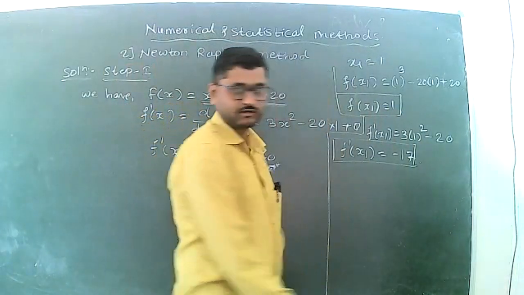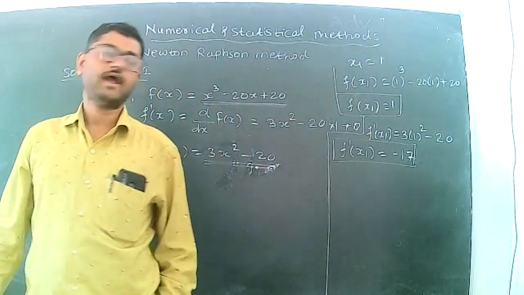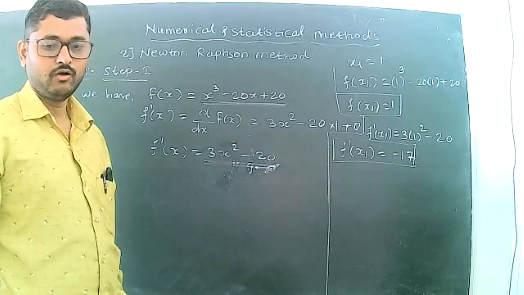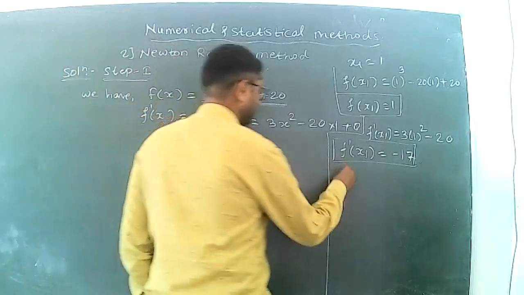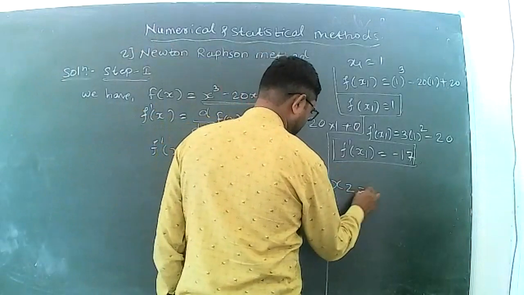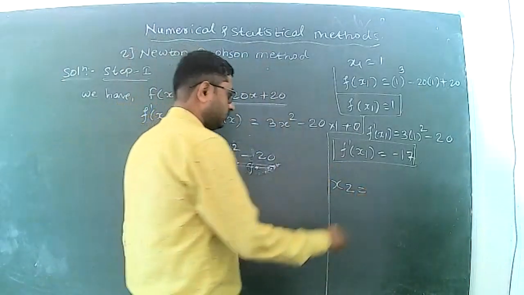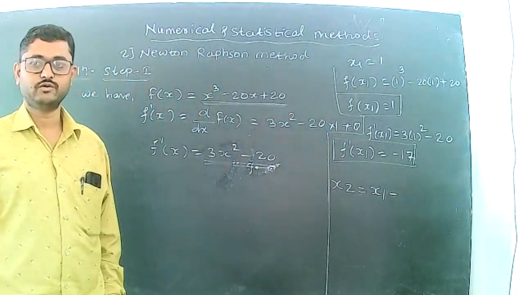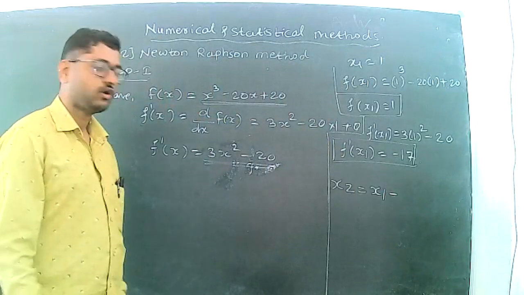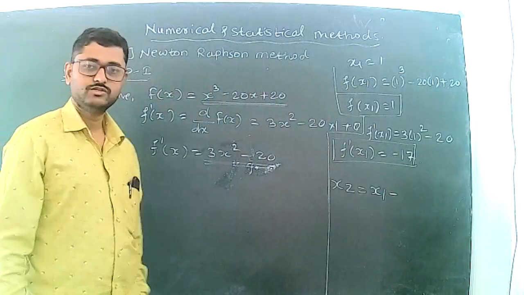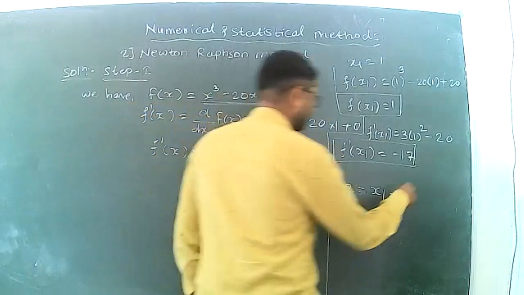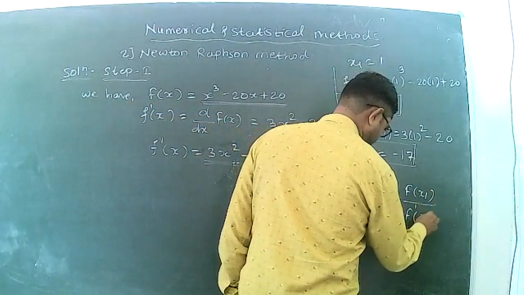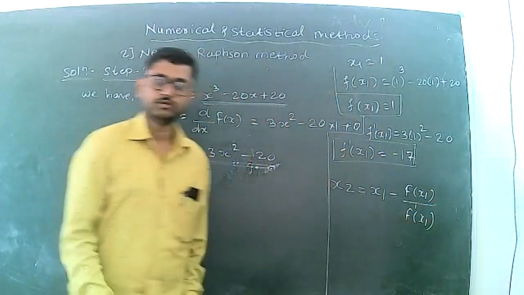Next step, after calculating f of x1 and f dash of x1, use the Newton-Raphson formula. The formula to find the root of the equation is x2 equal to x1 minus f of x1 divided by f dash of x1.